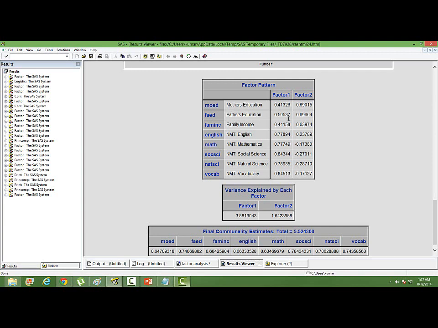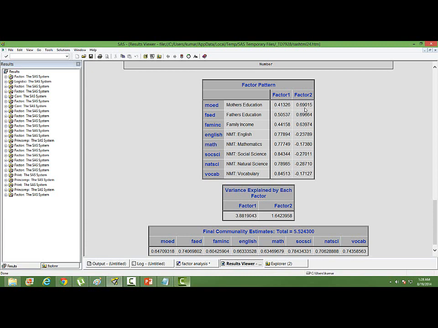But if you haven't, let me teach you again. You compare the component loading for both the components. For mother's education, the component loading for component 1 is 0.41, and for component 2 it's 0.69.